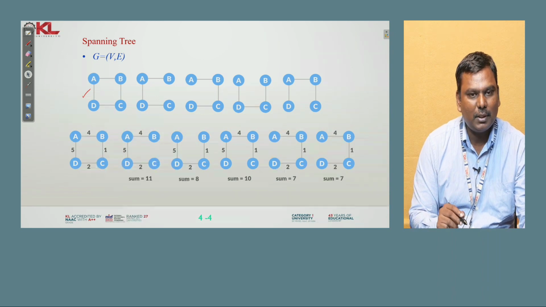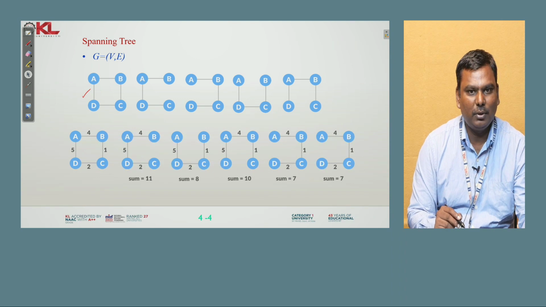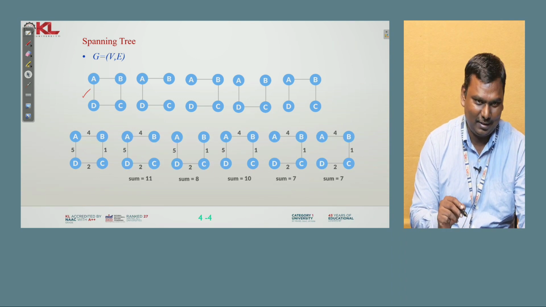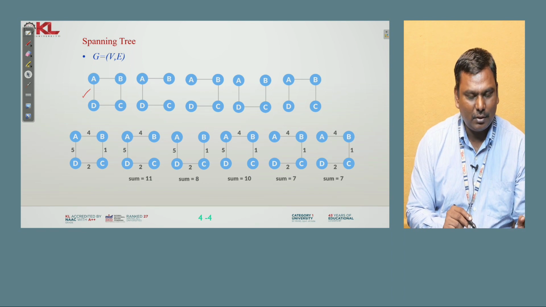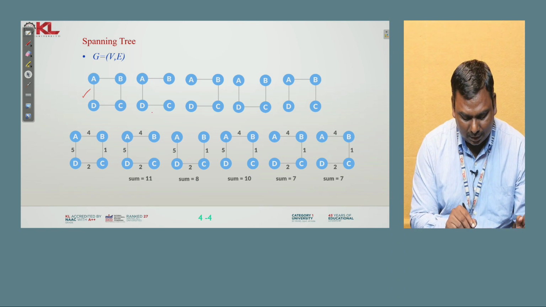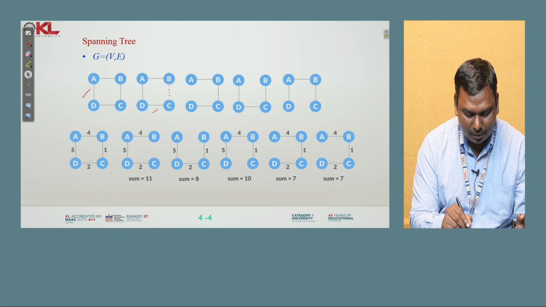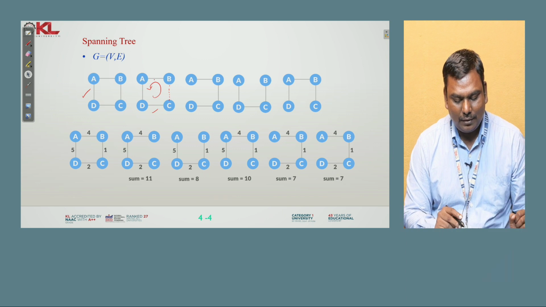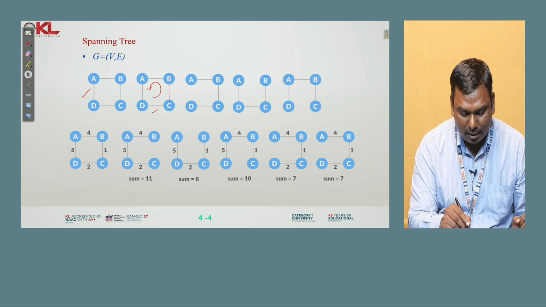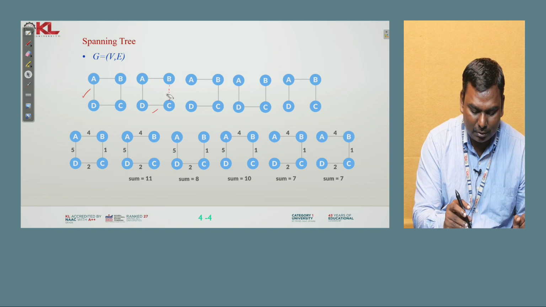Using one of the properties, it cannot be allocated in a loop or a cycle. Based on that, we find another subtree. When we connect this one, it forms a cycle, so we removed the edge B to C.